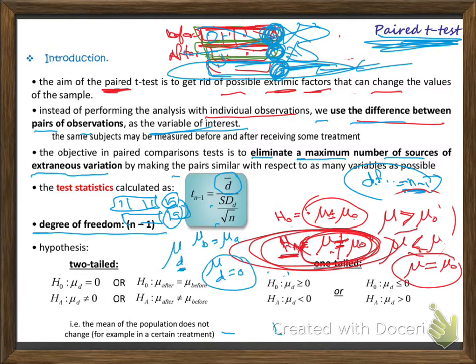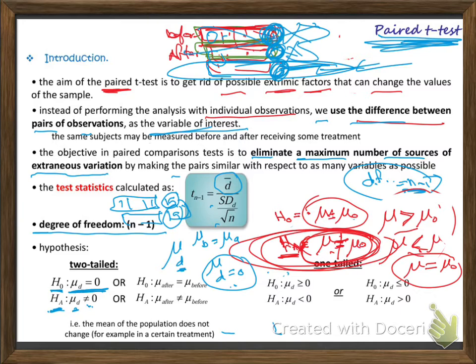There is no difference. So we'll always assume that mu delta equals 0 as the null hypothesis. The alternative never takes equal; it takes either greater than, less than, or not equal. So in the alternative hypothesis mu delta will not be equal to 0, and in the null hypothesis mu delta will equal 0.